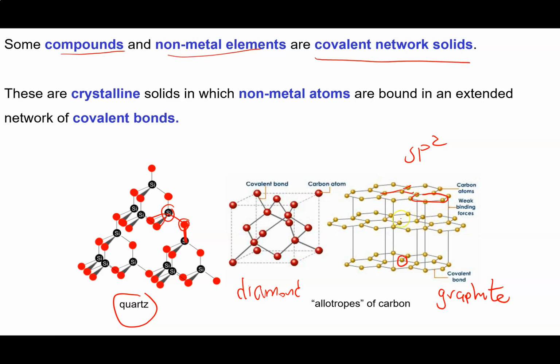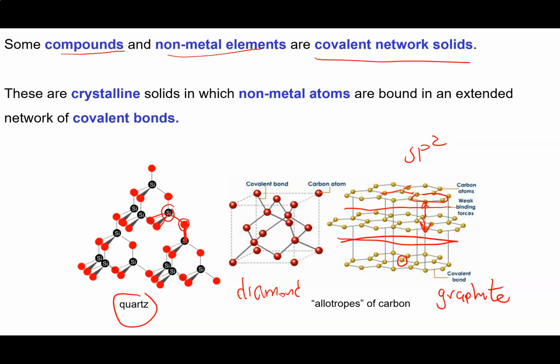Between these sheets there are only weak dispersion forces. So one layer of graphite can easily slide past another because it only requires breaking these dispersion forces. Graphite is quite slippery and is often used as a lubricant because these weak connections between the layers allow the layers to slide.